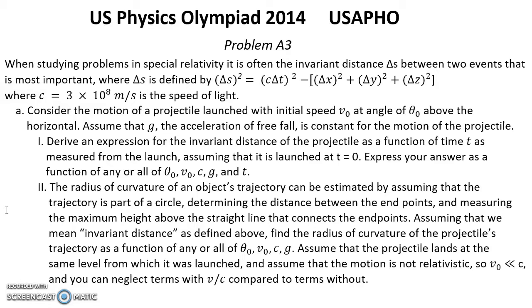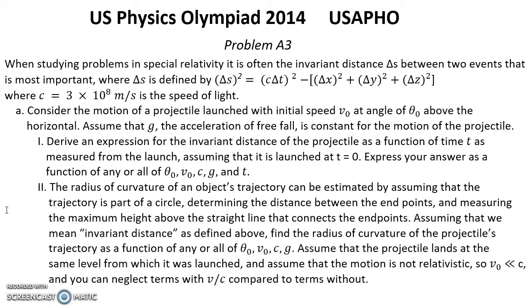Question 2. The radius of curvature of an object's trajectory can be estimated by assuming that the trajectory is a part of a circle, determining the distance between the end points and measuring the maximum height above the straight line that connects the endpoints.